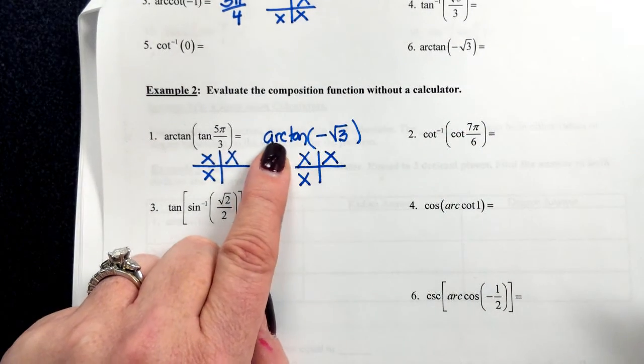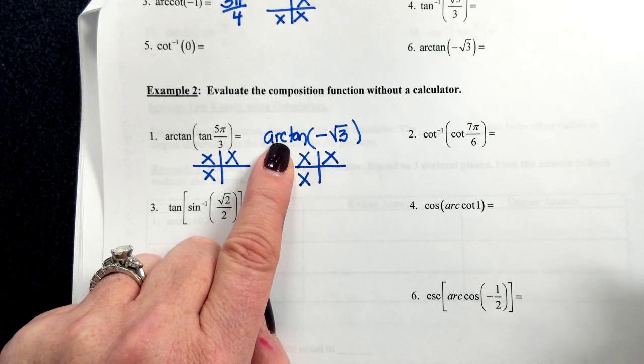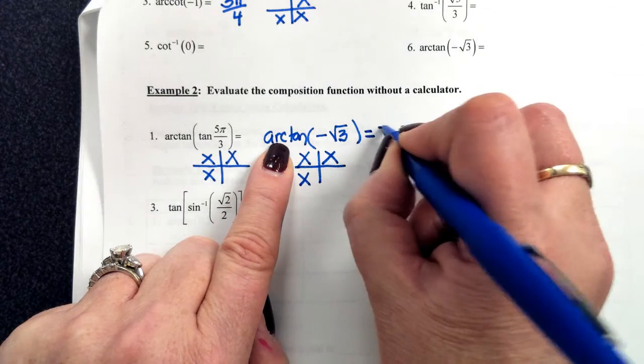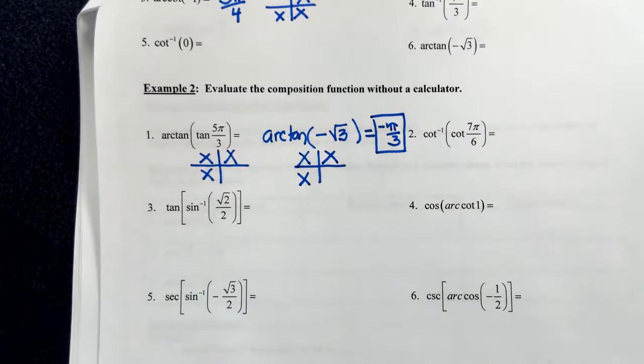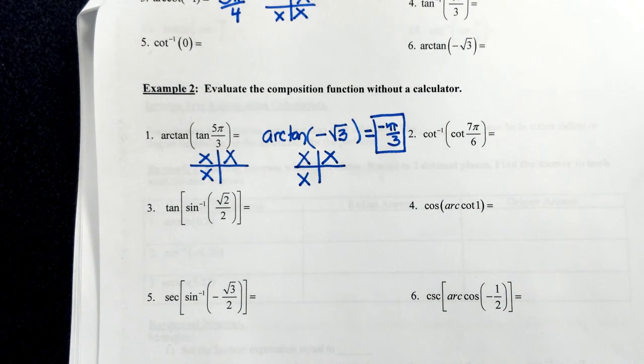So then the angle that has the tangent value of negative square root of 3, remember, is going to be negative pi over 3. Remember, you can't say 5 pi over 3. That's why that composition rule does not apply. That's why the cancellation does not occur. Because in order for that cancellation rule to occur, 5 pi over 3 has to fall within that restricted domain of negative pi over 2 to pi over 2, which it doesn't. That's why I do that composition inside out and you'll be fine.